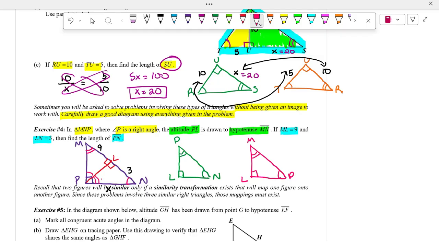Can you please say that again, a little slower? So all I'm doing is just matching. I did the bottom triangle first. It doesn't really matter. I knew the right angle was at L. Then 2 tick was at P, 1 tick was N. That's how I labeled it. So I wanted to orient the same way as the big purple triangle. So it was 90, 2 tick, 1 tick.